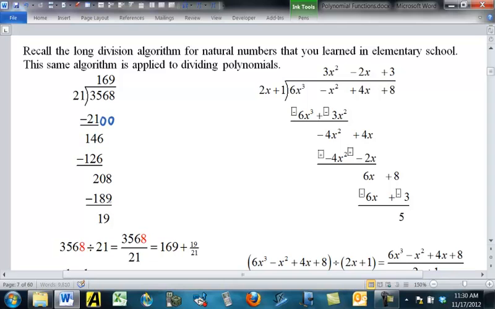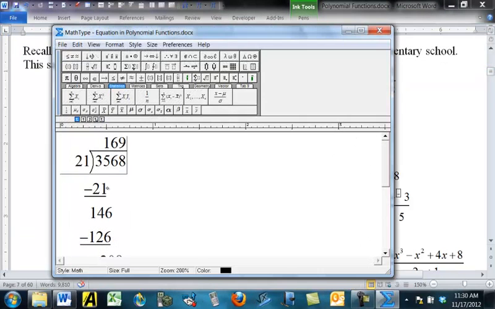I probably should put, you know what, I'm going to do it this way. These really should have zeros for placeholders. Okay. Then we subtract, and of course the 68 is going to come down. 35 minus 21 is 14.